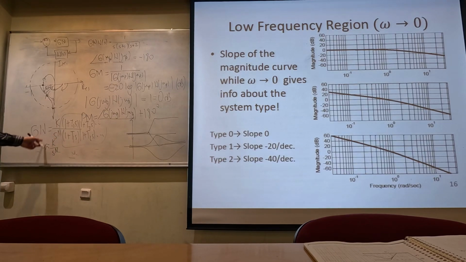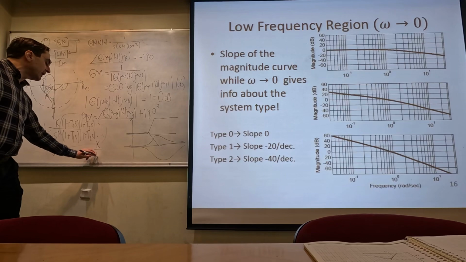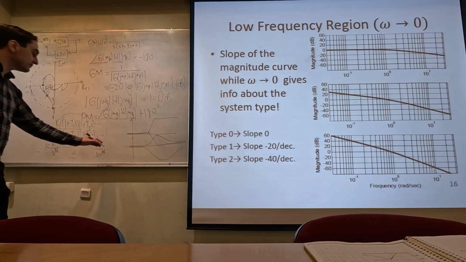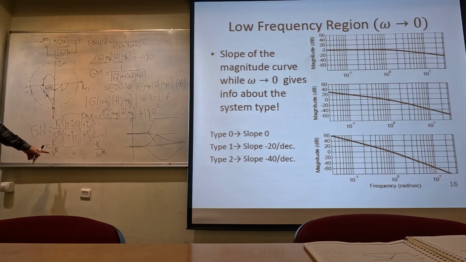And when I look at the magnitude of this thing, the magnitude is going to be k over omega to the power n, and the phase, when I substitute s equals j omega here, what is going to be the phase of such a transfer function? k over j omega to the power n. What is the phase of this thing? Minus 90 times n.